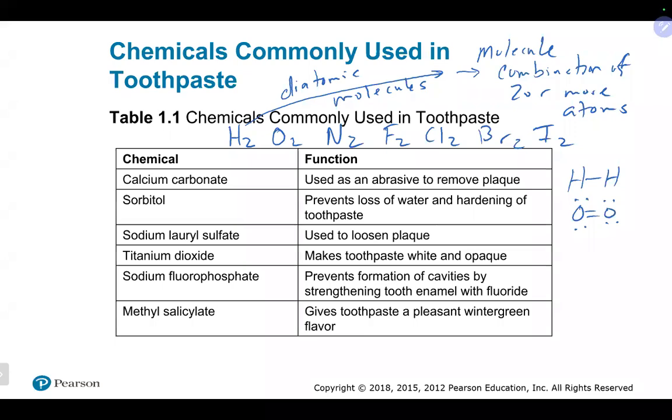They are still elements because the only element present in H2 is hydrogen. So it's all the same element. So that's why they're still considered elements. And they're considered molecules because, frankly, they meet the basic definition of two or more atoms together. And that's basically what a molecule is.